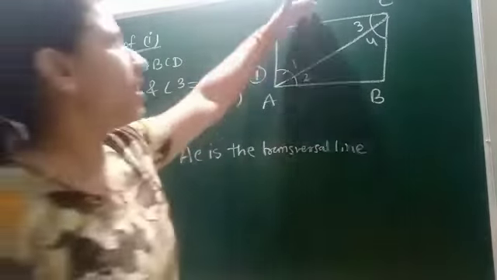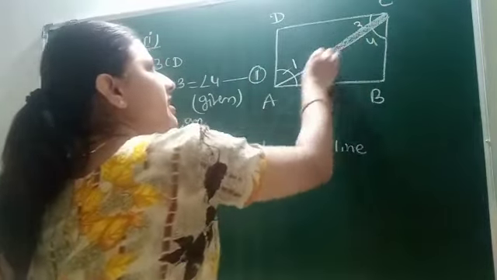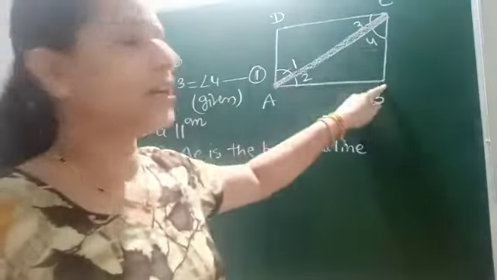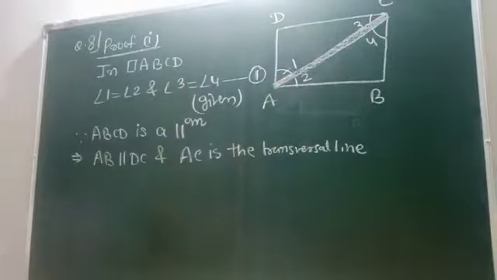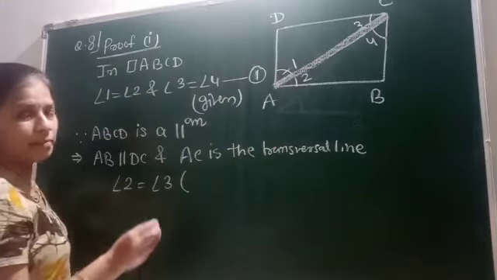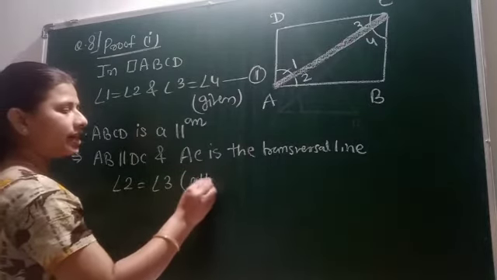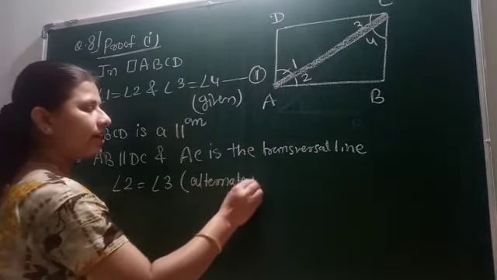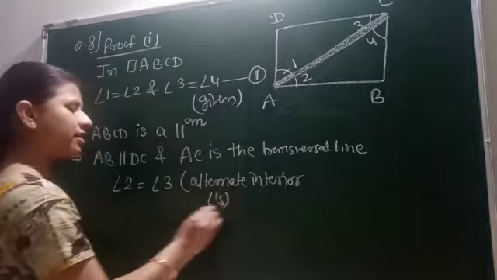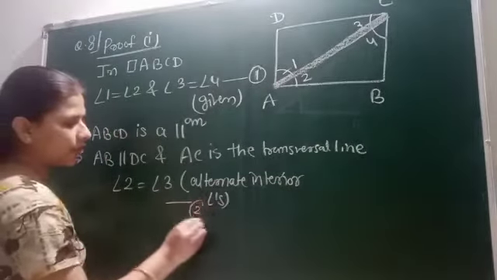This AB is parallel to DC and AC is the transversal line. So which alphabet is forming here? Z. So angle 3 will equal angle 2. Angle 2 will equal angle 3. Why? Because these are alternate interior angles. Let's assume that this one is our equation number 2.